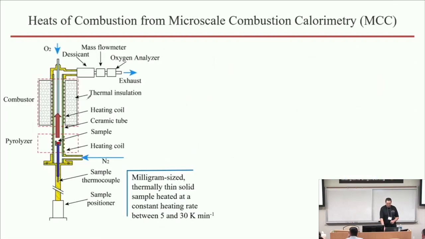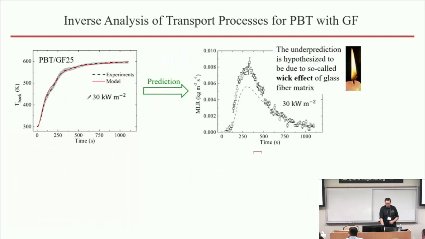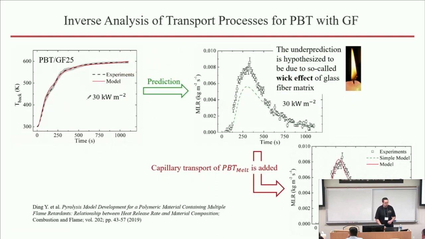But in my second iteration right here, I assumed that my molten PBT can actually transport, and basically transport was diffusive in nature. So it's driven in such a way that its concentration was uniform inside the matrix of the glass.